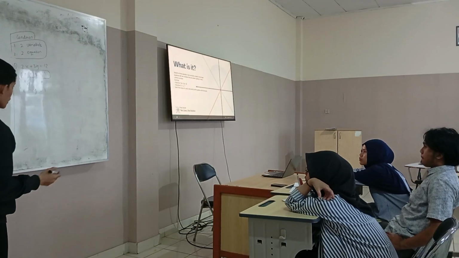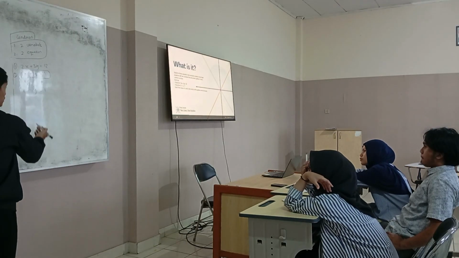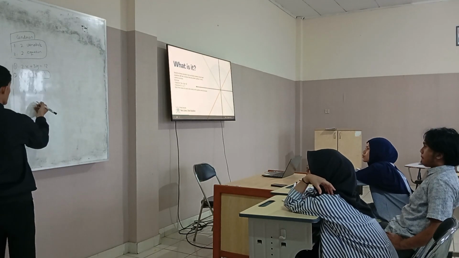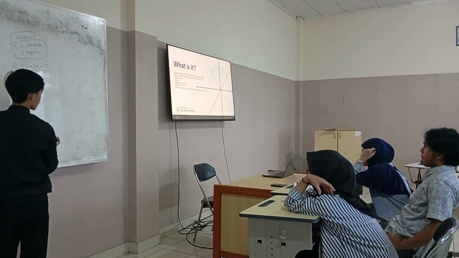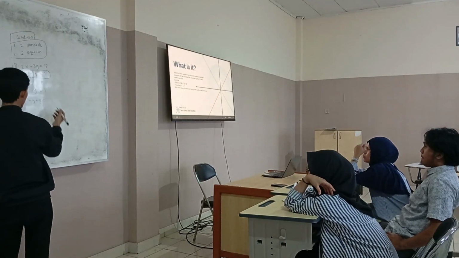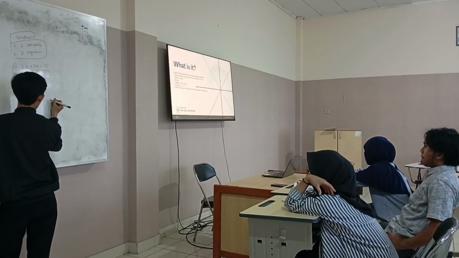So let's eliminate the y by adding y to the left side. x minus y plus y equals, and then don't forget to balance it by adding y to the right side, equals 1 plus y.